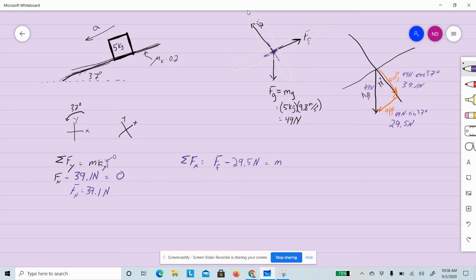Equals ma. The force of friction minus 29.5 newtons equals 5 kilograms times a. We need to calculate the force of friction. How do we do that?